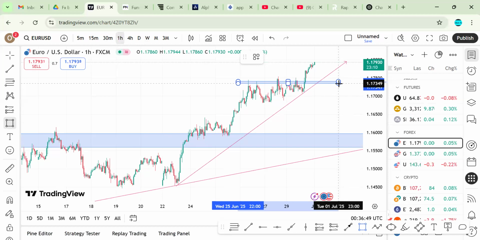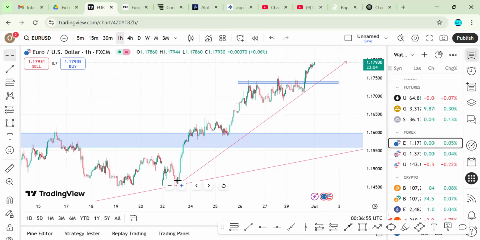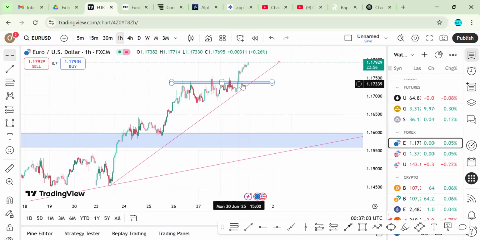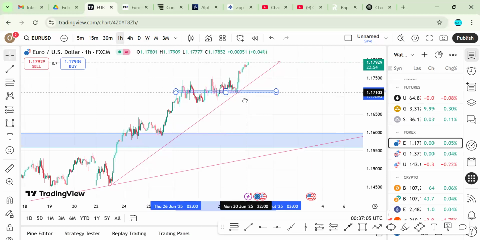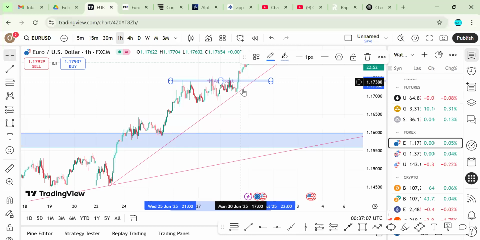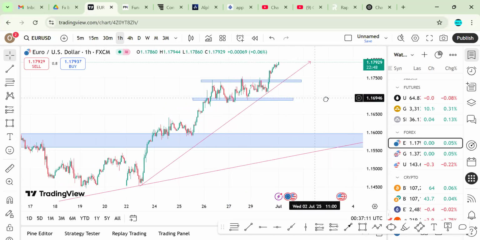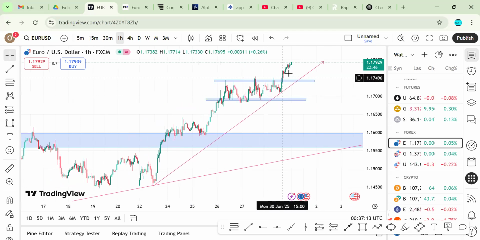So if you are one of those people, you can come to your 1 hour time frame. Now you have two major touches of this trend line, the left here, and it ranged a while and it's back to the trend line. Price just broke out of this range and made a second touch of the trend line.